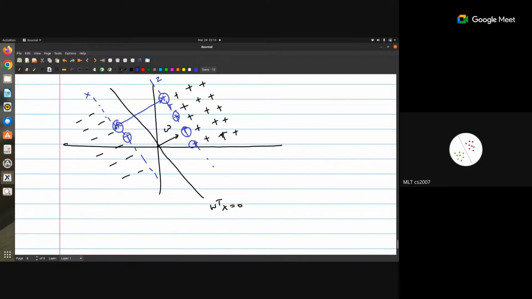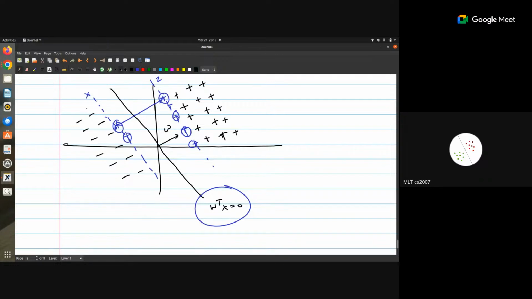These are the points which are closest to the origin, or closest to this line. If you find those data points closest to the origin, we take only those points to find the margin, and we don't care about the other points, right?